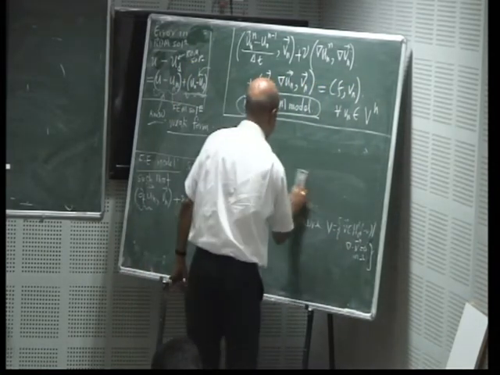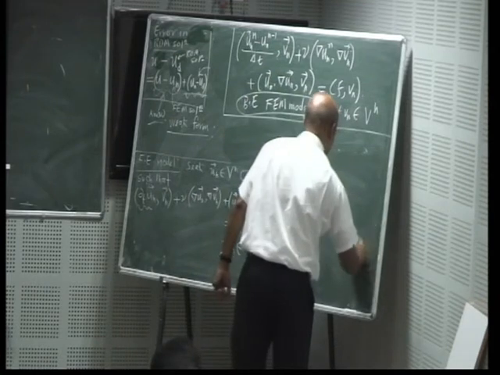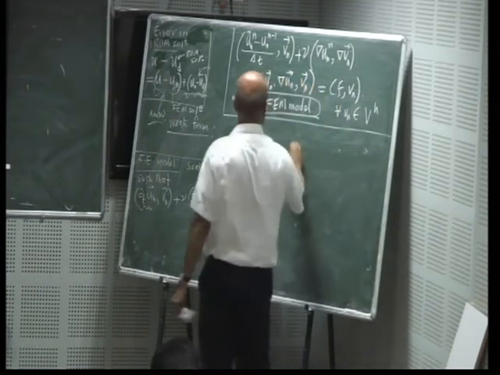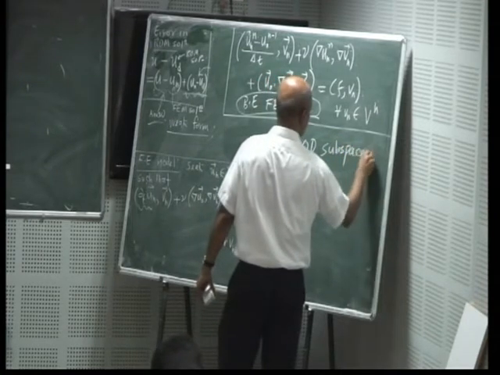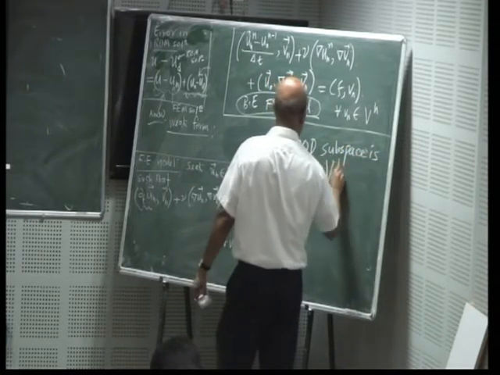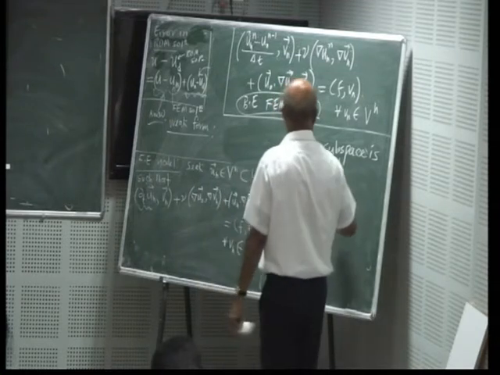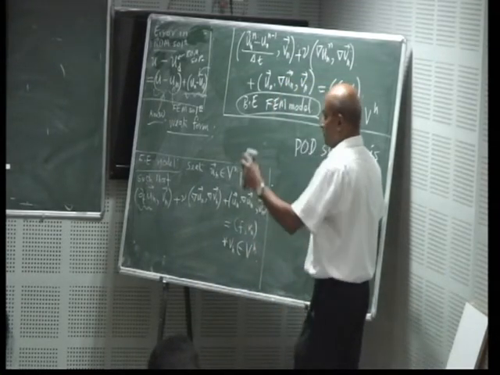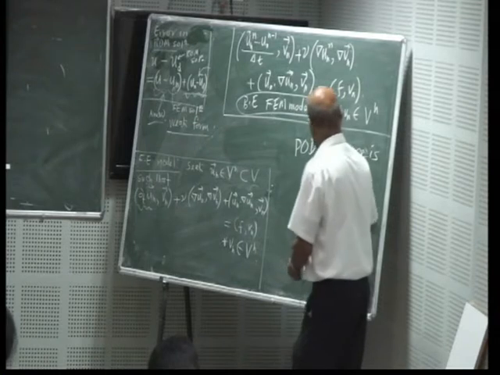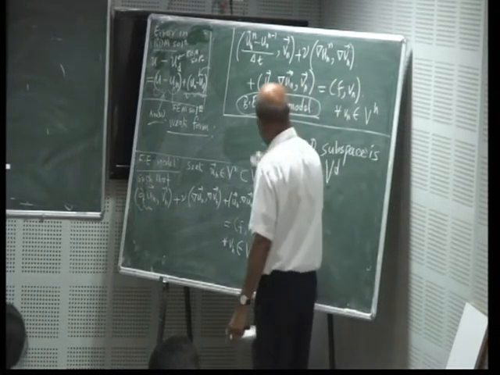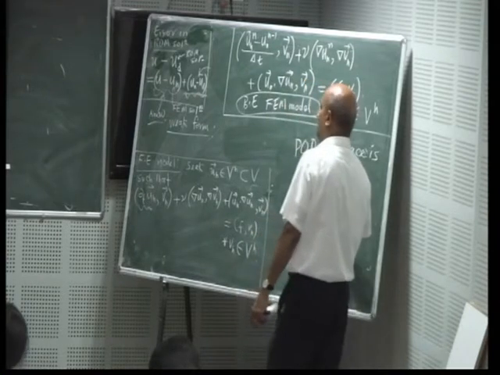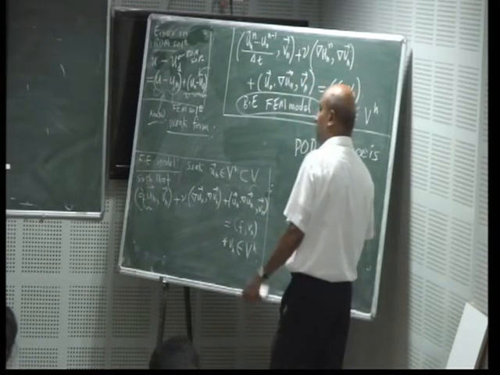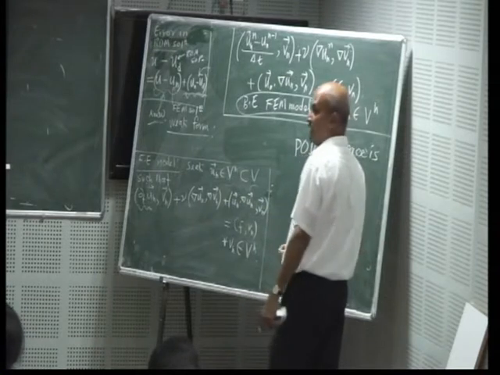And then let's assume your POD subspace is V_d. Okay, this I constructed using the POD method. Then since I'm using divergence-free solutions and so on, the POD modes will be divergence-free.